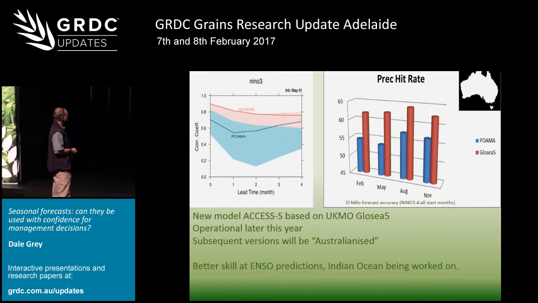And in terms of predicting Nino 3.4, in the middle of the Pacific Ocean, GLOC is much better in its skill rate at all times of the year than POAMA. So that's a really good thing. We're going to a model that's at least better at getting some of that right.